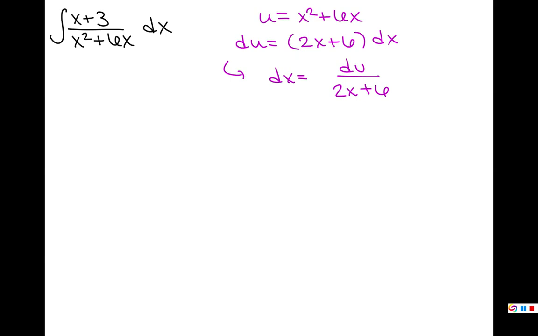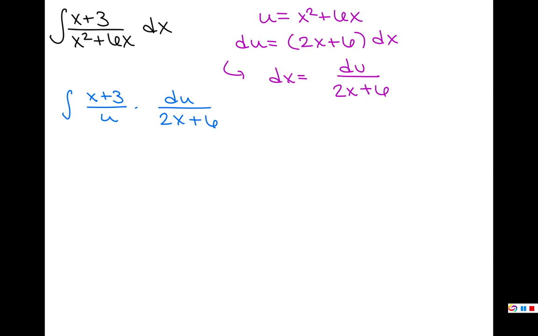Okay, I'm going to rewrite my integral. I'm left with x plus 3 over u, and I'm going to replace the dx with du over 2x plus 6. The goal is to get the x's to disappear. We actually can cancel out the x's, but we might have to do a little bit of work first.